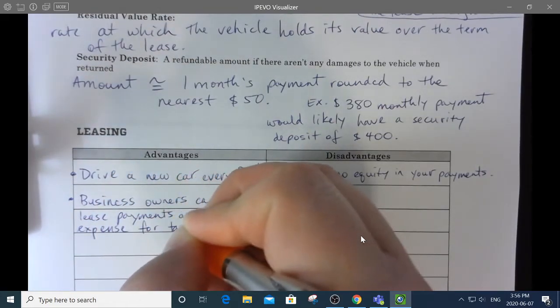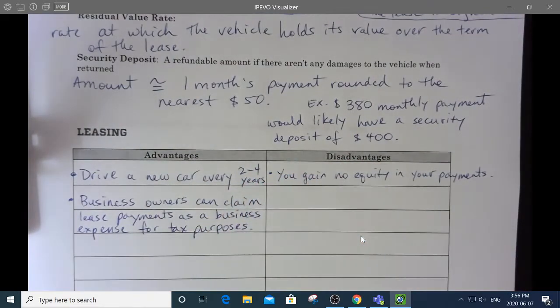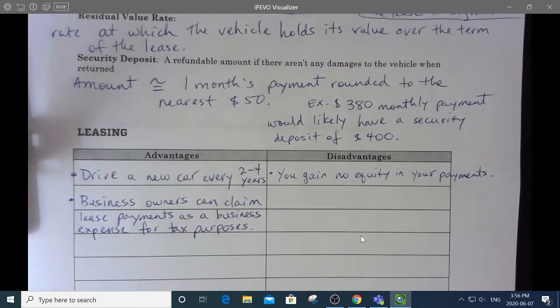for tax purposes. Now, this is something that you should probably talk to an accountant about if you are a business owner, just to make sure that you're doing this on the up and up and you're following the rules and the legalities. But basically, for the most part, if you buy a vehicle, you're not allowed to claim it for income tax and for business tax purposes the same way you are if you're paying to lease a vehicle.